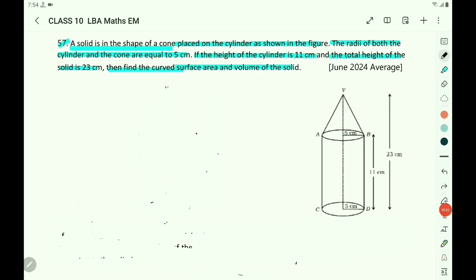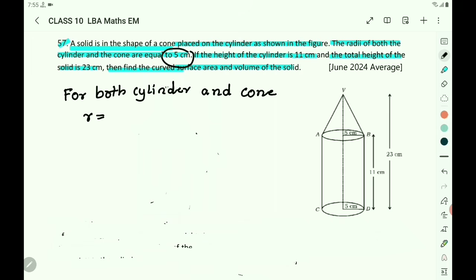Now you write for both cylinder and cone, r equals 5 cm. Radii of both cone and cylinder are equal to 5 cm. So you write r equals 5 cm for both.